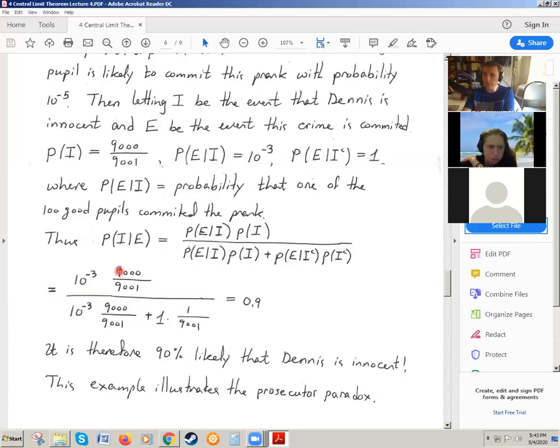So based on the numbers, if you plug them all in, you obtain the probability given this evidence that Dennis is innocent to be 0.9. You understand? So it still is extremely likely that Dennis is innocent.